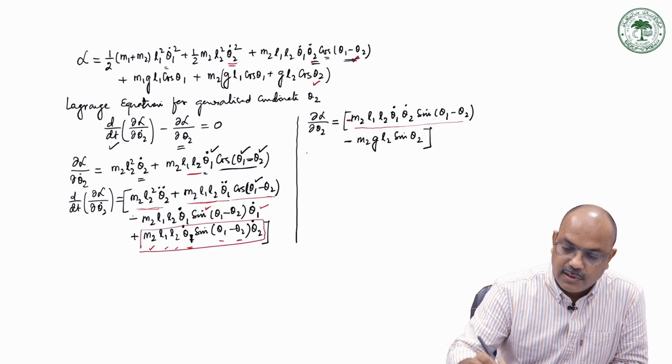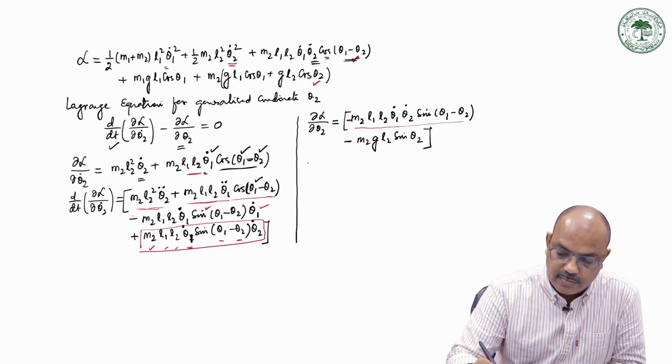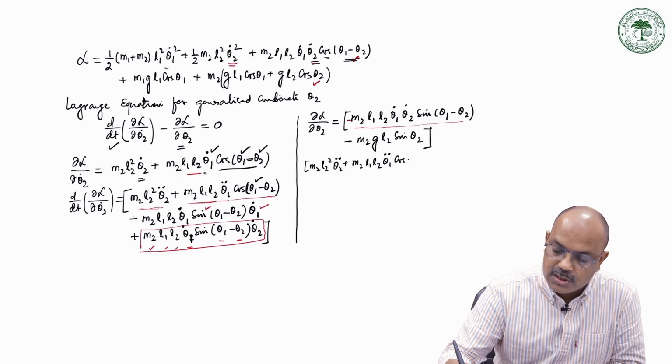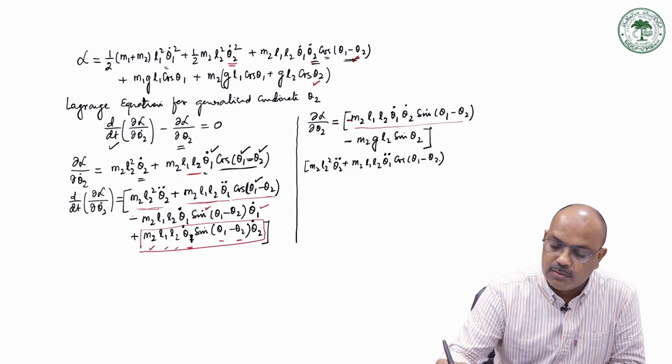So let's try to do this here. If I have m2 L2 square theta 2 double dot plus m2 L1 L2 theta 1 double dot, this is cos theta 1 minus theta 2.